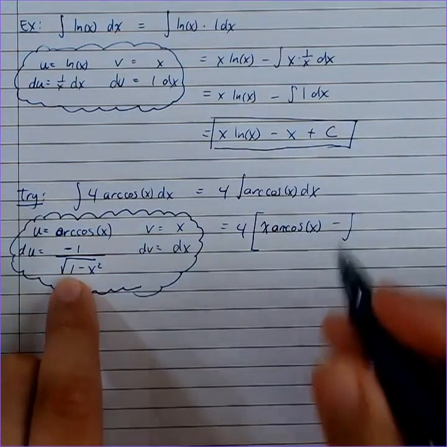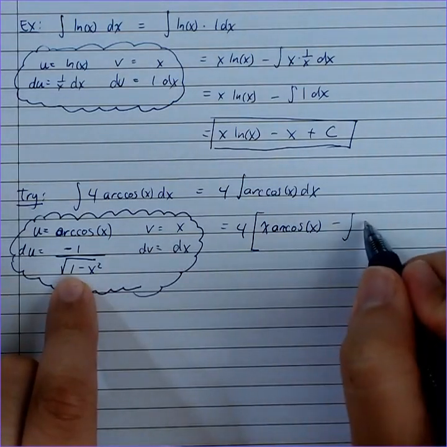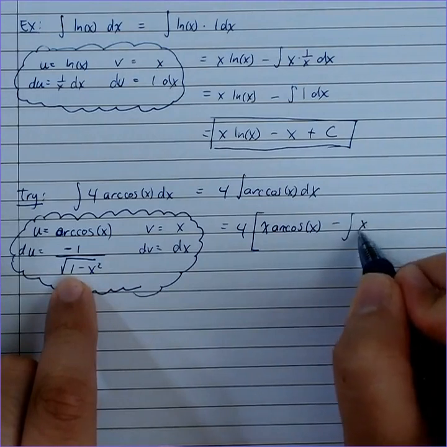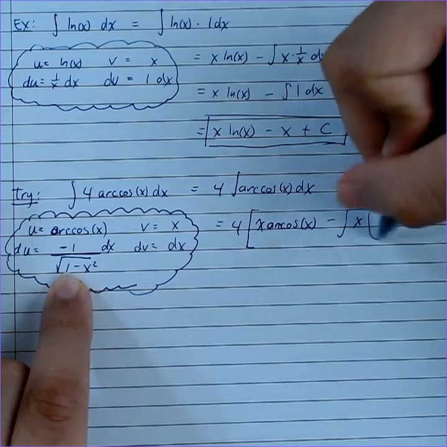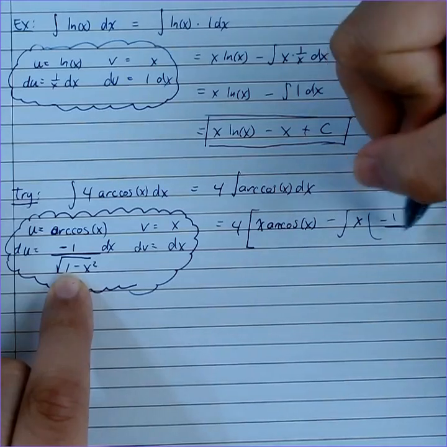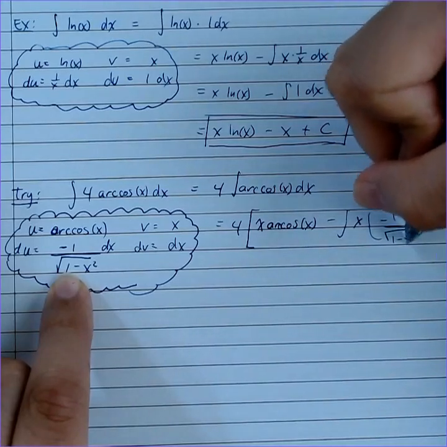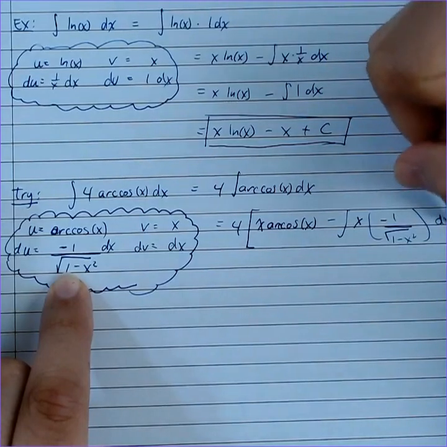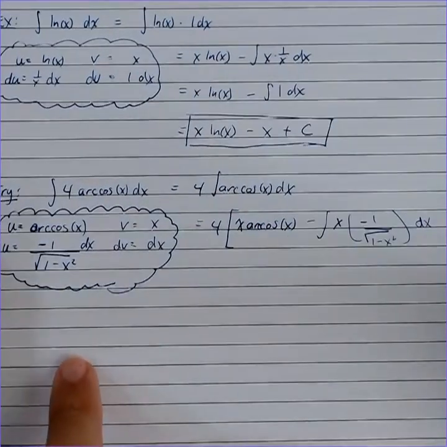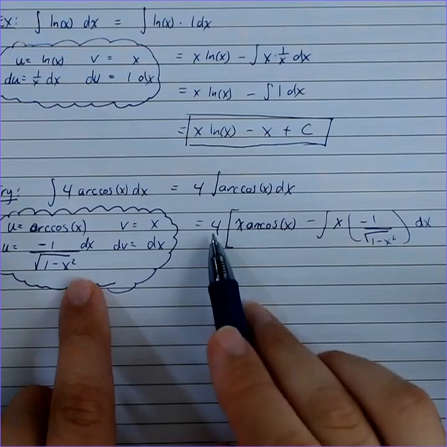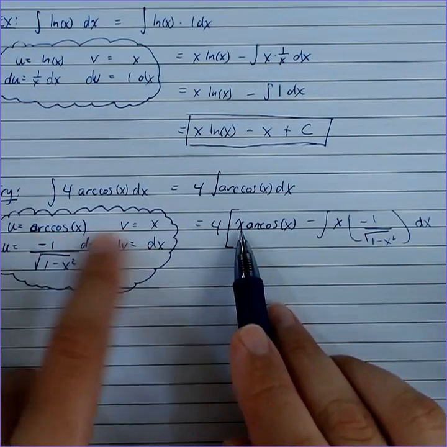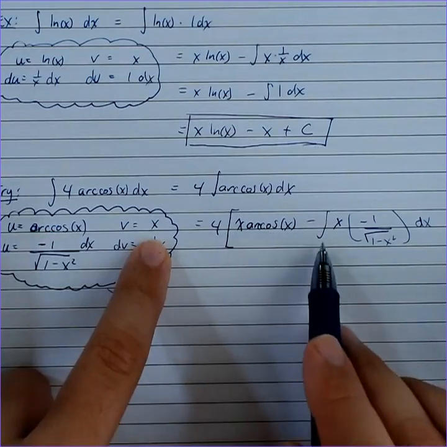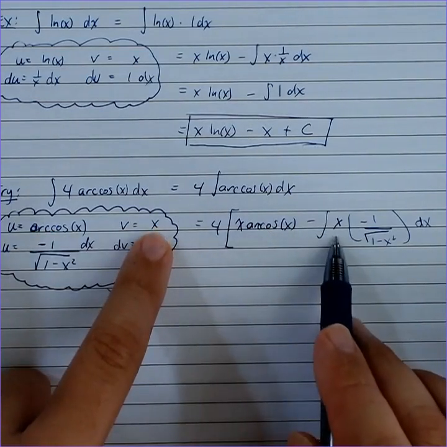So that's going to be minus x times negative 1 over square root of 1 minus x squared dx. Just like that. That 4 stays put. That's going to be u times v minus the integral of v times du.